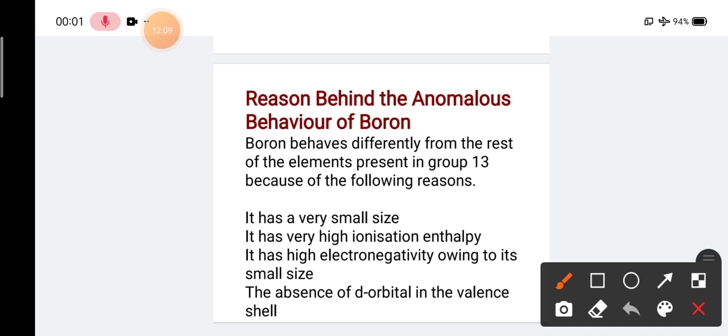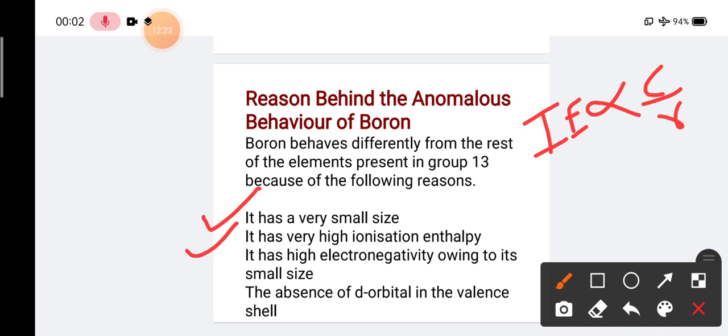Mainly, it has a very small size, and that is why it has a very high ionization energy, because we know ionization energy is proportional to charge by radius. As the radius is small, the ionization energy will be high. So that is one reason behind the anomalous behavior of boron, as well as high electronegativity.